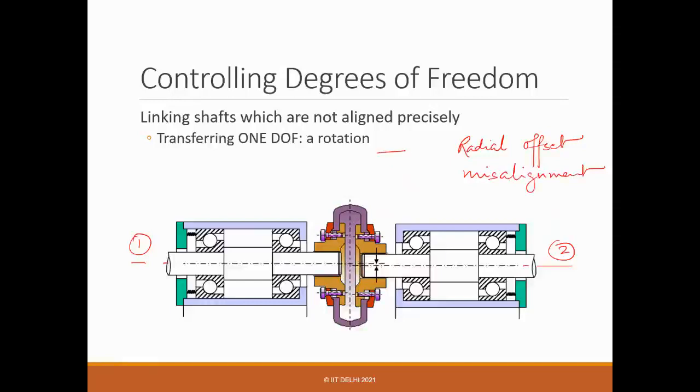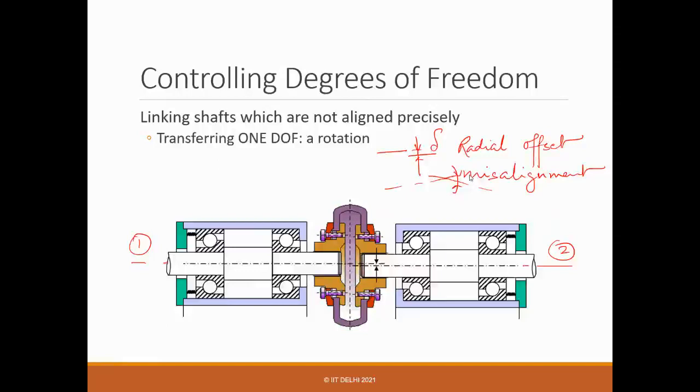Radial offset is like two axes having this delta. Misalignment is like one is going like this and one is going like this, right? So this one, there will be always. Of course it's exaggerated, but there will always be some offset and misalignment, right? And the smaller you want to make it, the higher will be the cost. Okay.